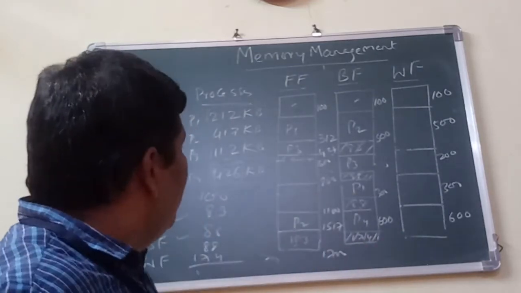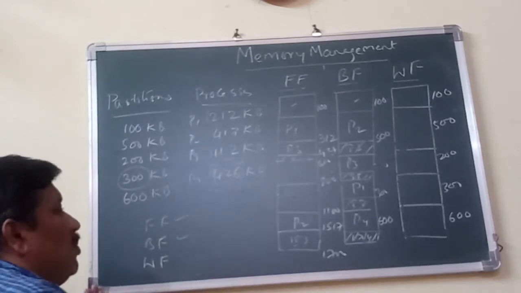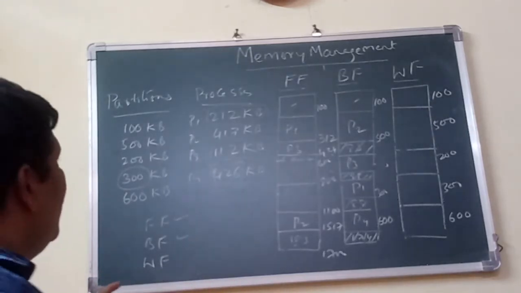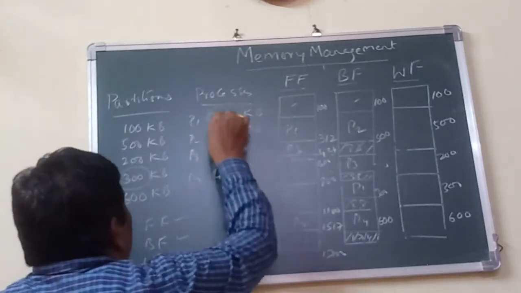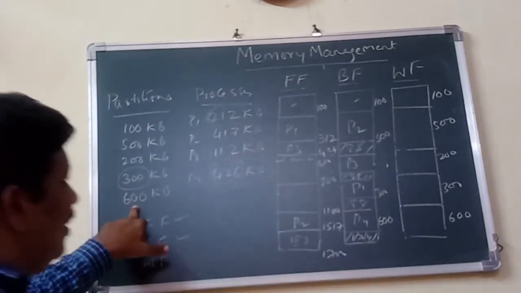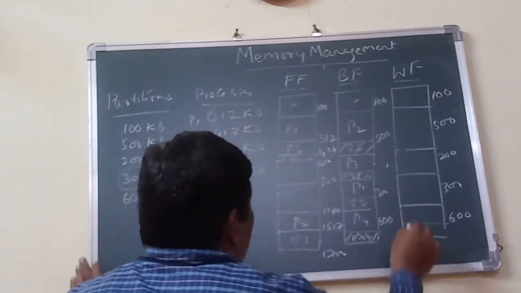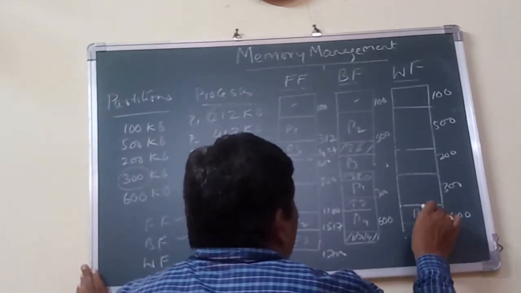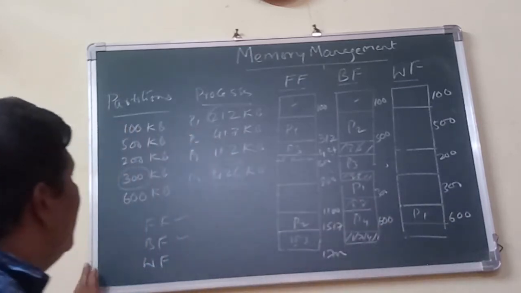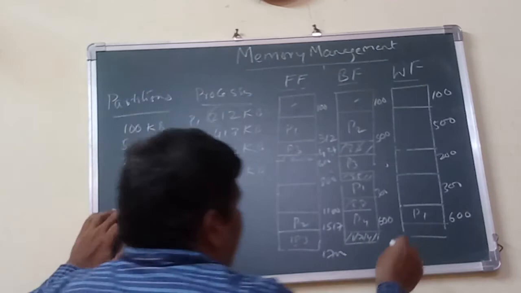Then worst fit, here the largest partition we have to go for. So 212. First it has to be the largest partition that can accommodate it. So here we have to go for that, right? So the largest partition. So P1 is allotted here. So 600 minus 212, I think it is 388, right?